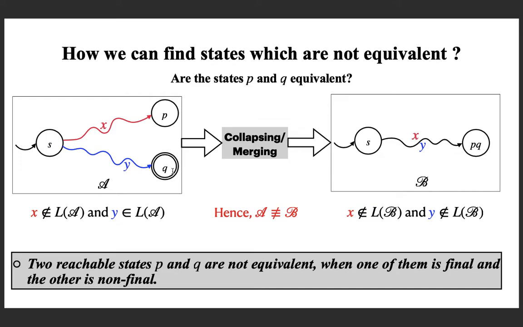If one of them is final and the other is non-final, then they cannot be equivalent, because if you decide they are equivalent and merge them, you will get a DFA which is not equivalent to the given DFA. So, you cannot merge them. So, we found that when we are looking at a pair of reachable states where one is final and the other is non-final, they are non-equivalent.